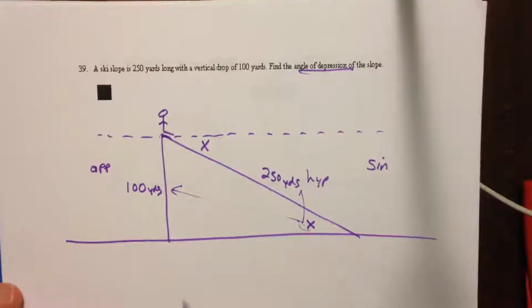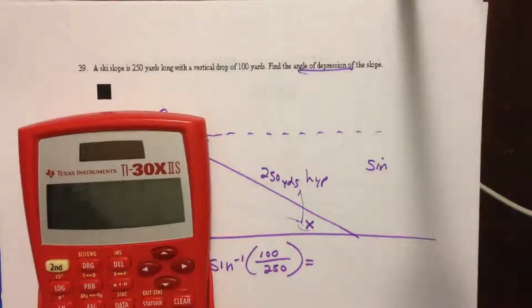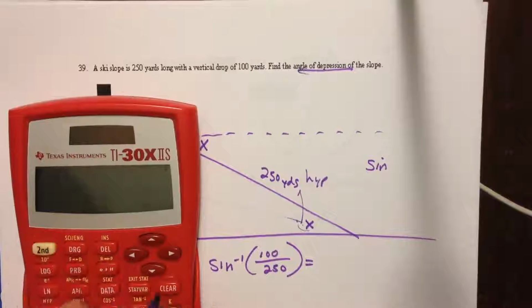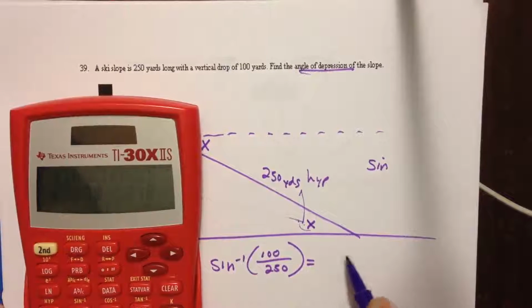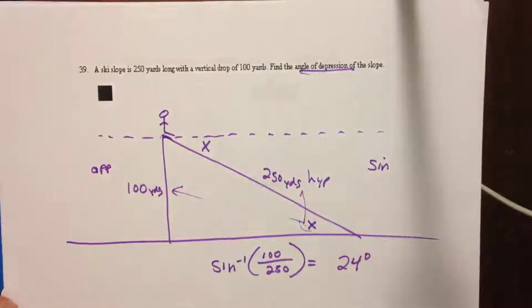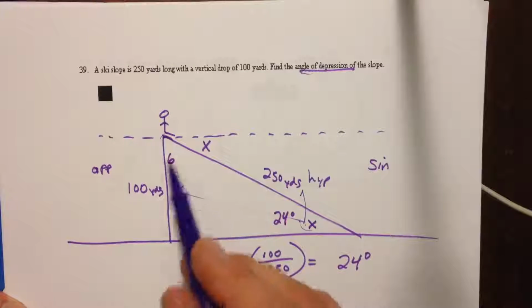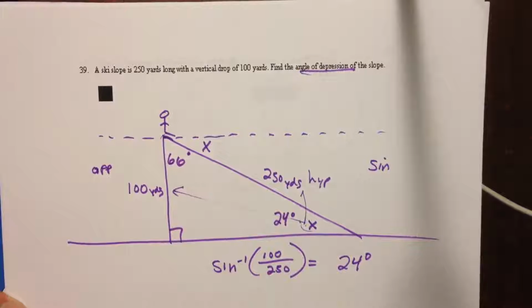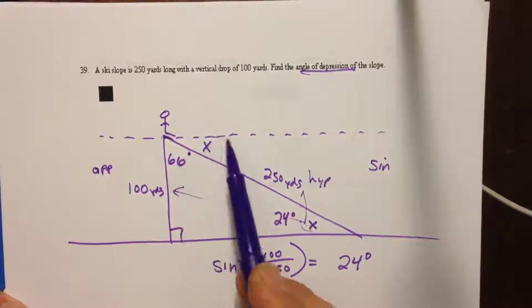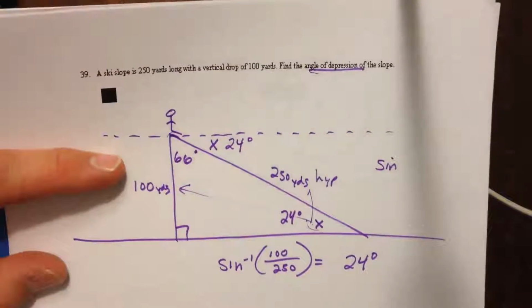Okay, so if I take the inverse sine of 100 over 250, press enter, I get 23.5, which rounds to 24 degrees. So this is 24 degrees here. Now this would be 66 degrees because that's 90. Alright, so that's another way you could do it if you really wanted to. But that angle of depression is 24.